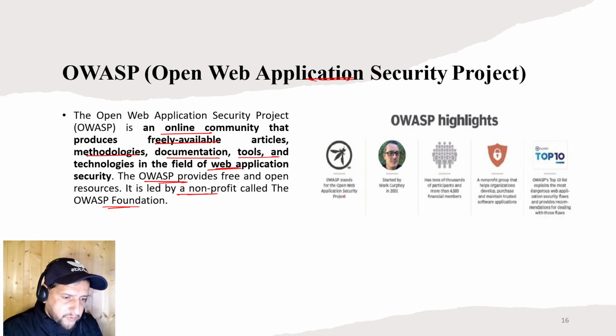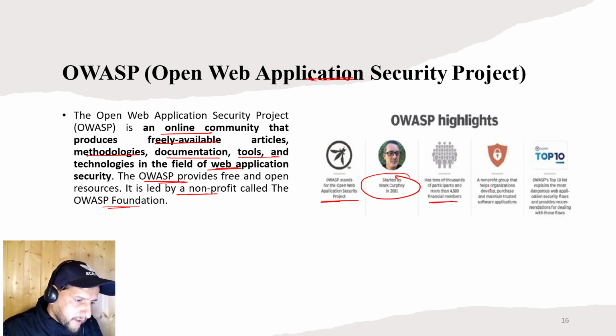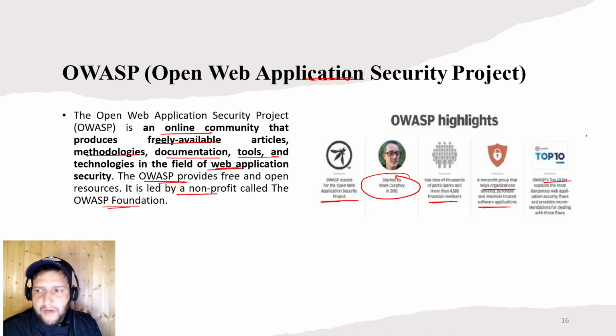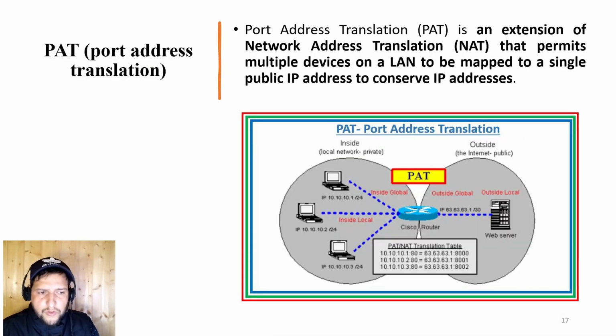So it stands for Open Web Application Security Project, started by Mark in 2001. It has a lot of participants and more than 4,500 financial members, a non-profit group that helps organizations develop, purchase, and maintain trusted software applications. It comes up with a top 10 list every year. OWASP Top 10 2003, 2004, 2023, 2022.